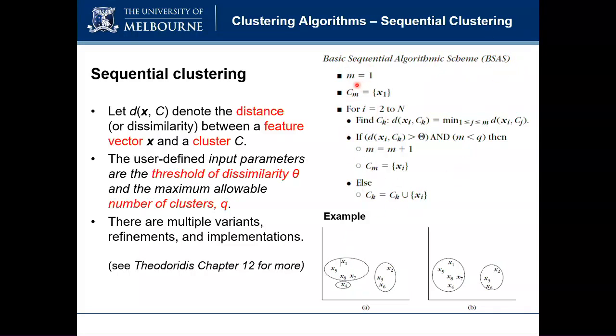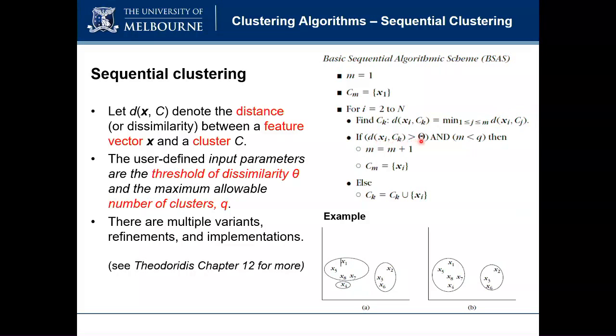So what you do is you do it sequentially. You start with the first data point, that becomes your cluster center, and your first member of your first cluster. Then you go sequentially through the data points. For each cluster C_k, you look at the current point's distance to that cluster, which is the minimum distance to all points in that cluster, the closest point.